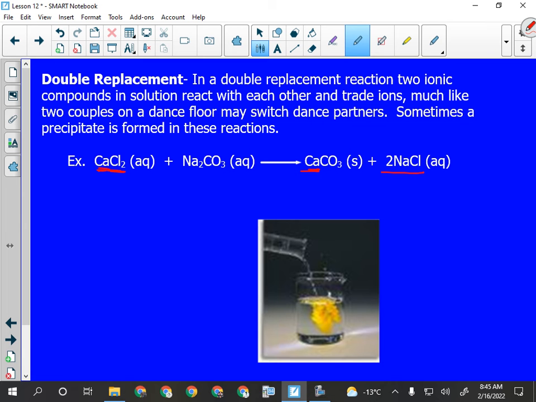Two. And how many carbonates are there right here? This is carbonate. How many of those are there? One. In carbonate, there's one carbon and three oxygens, but remember, this is carbonate. There's one carbonate. Is there one carbonate over here? Then the reaction's balanced.